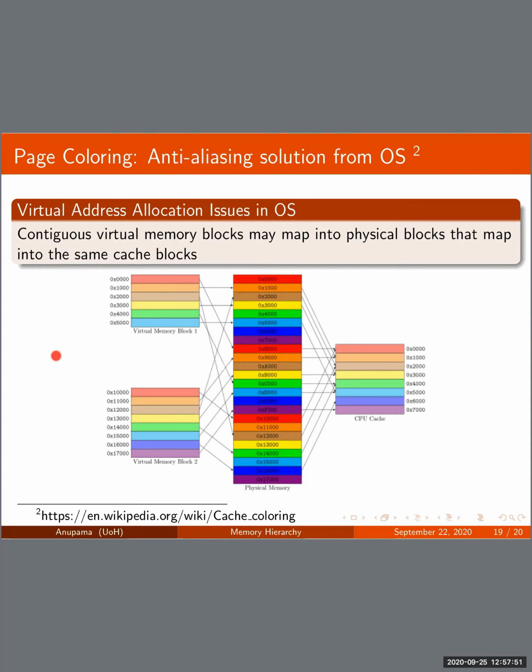You don't arbitrarily allocate frames to pages, so as to avoid these sorts of conflicts at the cache level. So some of the operating systems use these techniques, and not Linux.